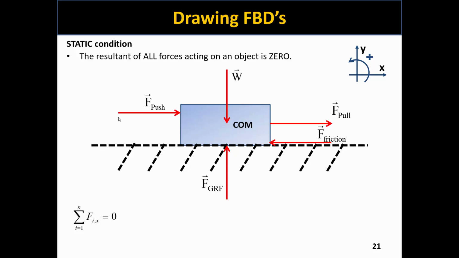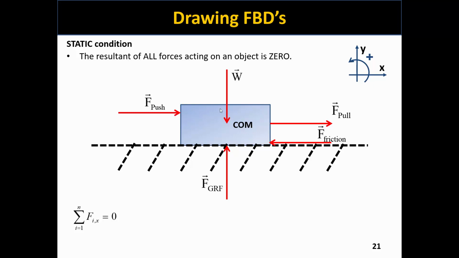I go back up to my free body diagram, start on the left, and work my way from left to right, and every time I encounter a vector that's perfectly horizontal or aligned with x, I'm going to include it in my equation. So I have F push, and the direction is interpreted with respect to the coordinate system I drew at the very beginning, so this would be a positive force.